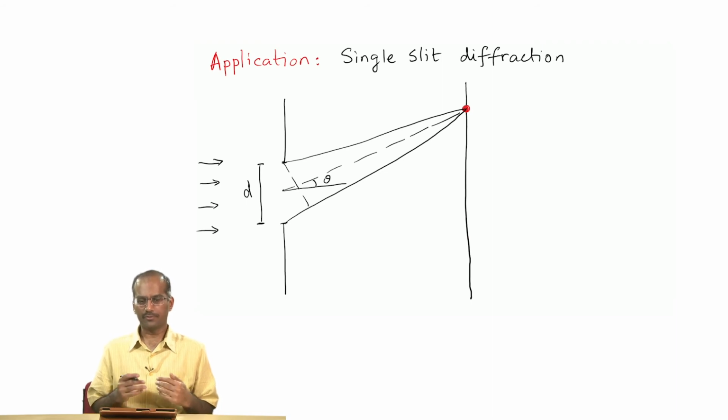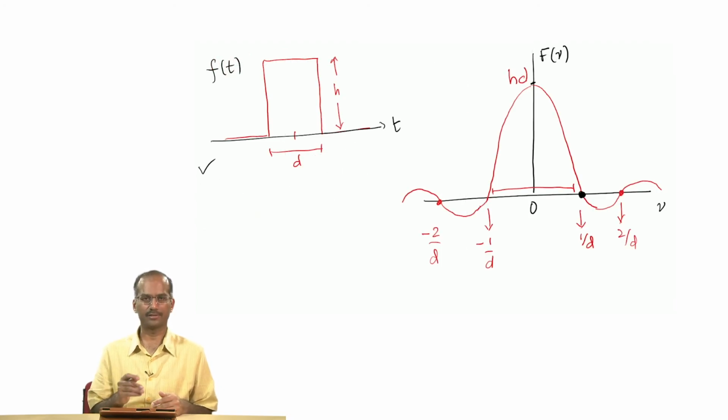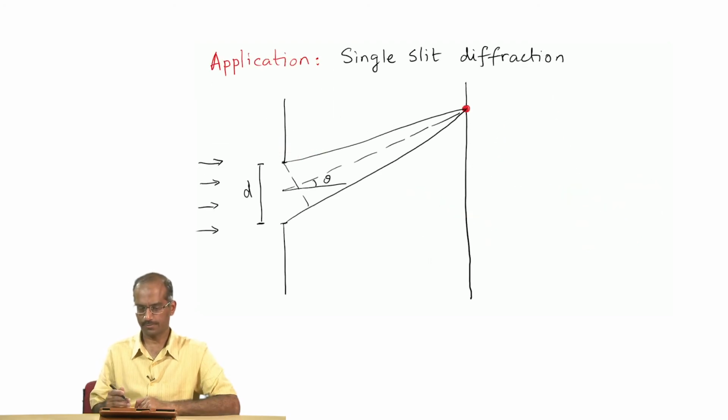Now, the amplitude of this light as it passes through this slit would be like this f of t, which is shown here, which is why it is called the slit function. At the slit, diffraction takes place.